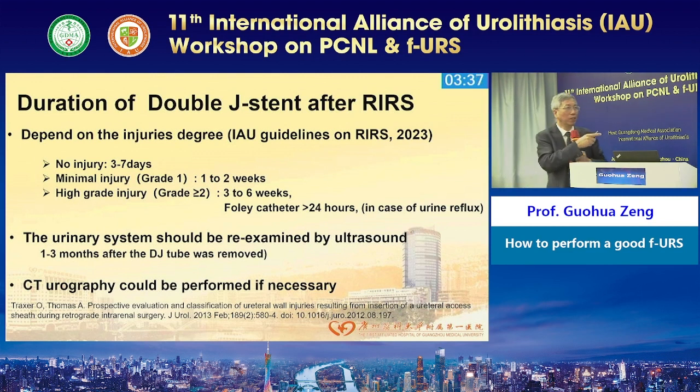For this low injury, 3 days, 7 days is enough. And grade 1 is 1 to 2 weeks. And more than grade 2, maybe 3 and 6 weeks. So different injury, different duration.